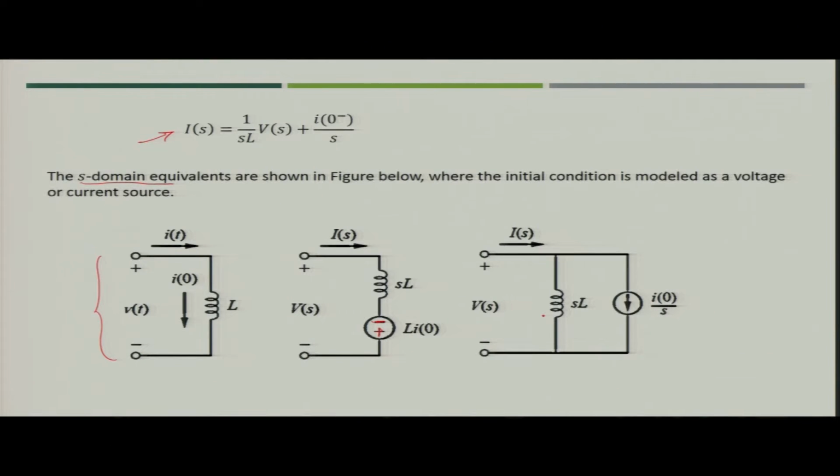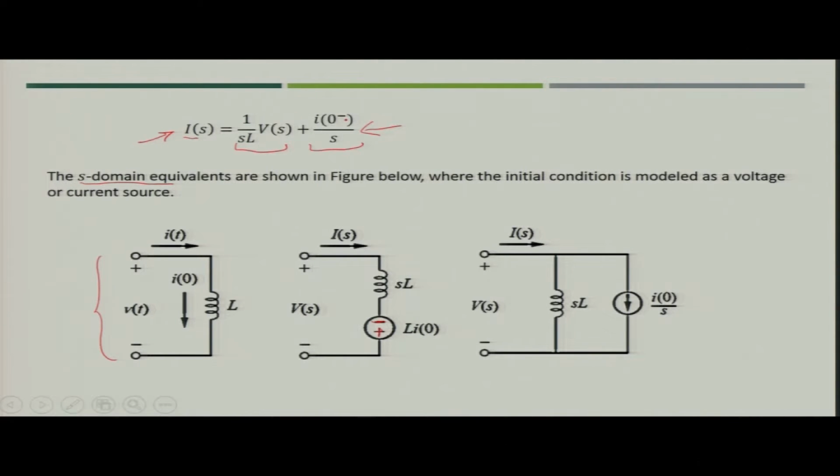Similarly, for current, if the voltage across the inductor is v(t) at any time t, it will be represented as V(s) in S domain, and similarly current i(t) will be represented as I(s). Now, if you see this equation, from this you can see that current I(s) is divided into two parts.